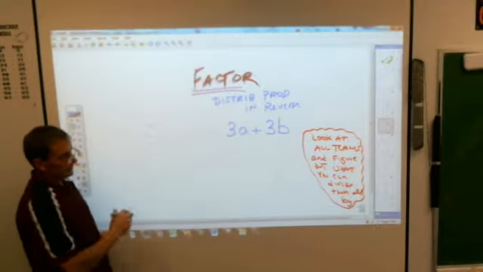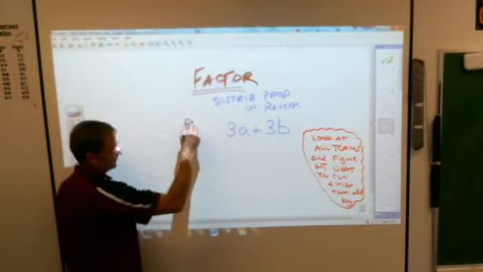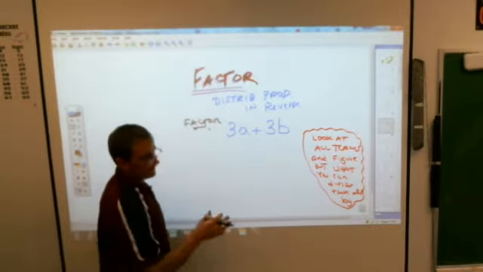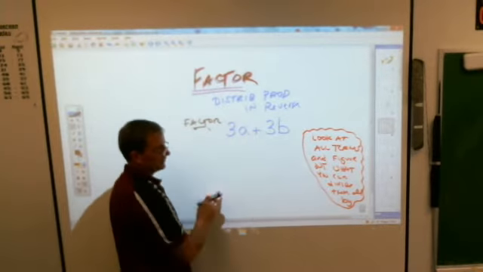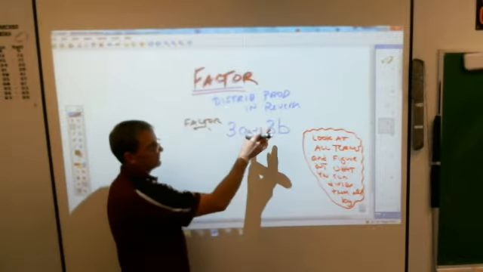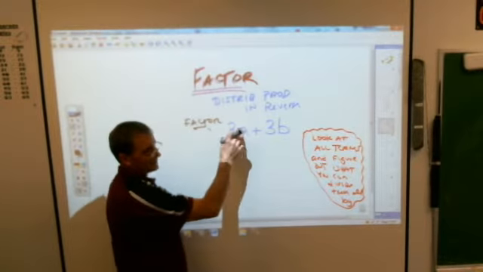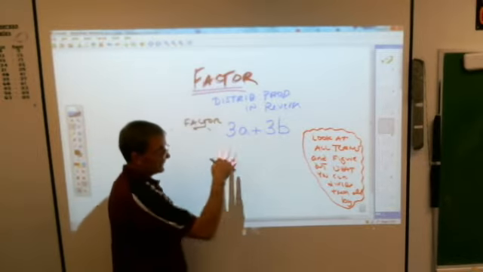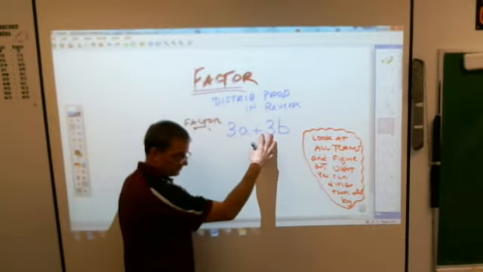Okay, that means this. If you are told to factor this, and that's what the directions will say, factor. This has two terms in it, the things separated by the addition sign. You look at both of those things and you say, what do they have in common that I can break out or take out or divide out? In this case, it's obvious they both have a 3.